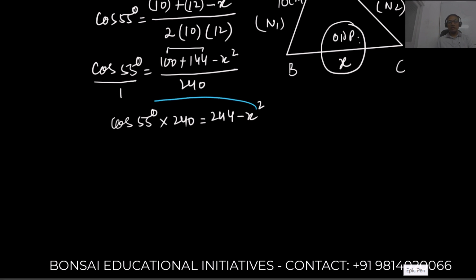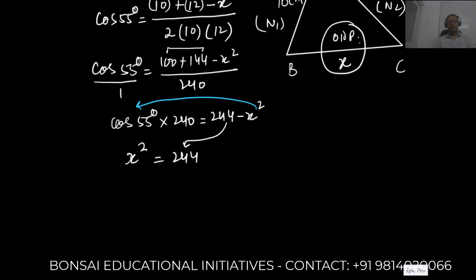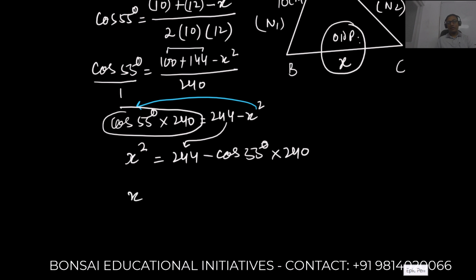So x square comes over here, x square positive, and 244 had been copied here, and this term would be subtracted here, times 240. Okay, x comes out to be under root of 244 minus cos 55 times 240.